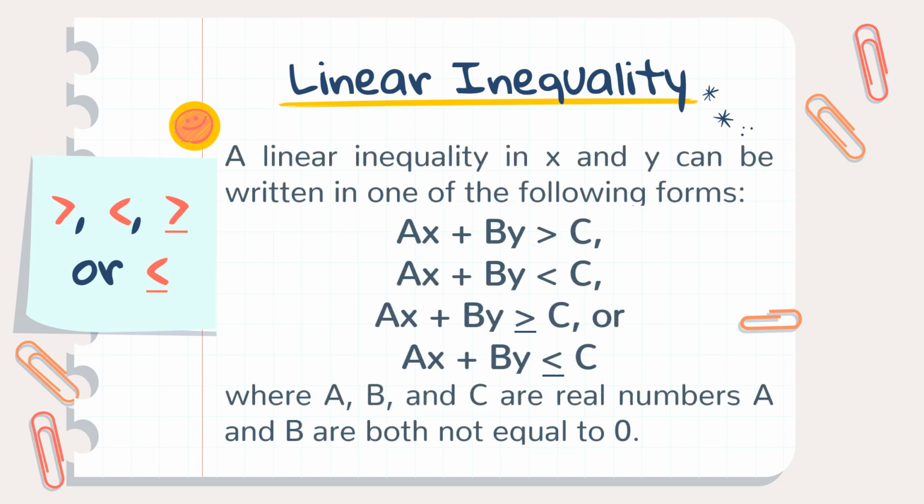A linear inequality in x and y can be written in one of the following forms: ax plus by is greater than c, ax plus by is less than c, ax plus by is greater than or equal to c, or ax plus by is less than or equal to c, where a, b, and c are real numbers and a and b are both not equal to 0. Again, it is important to note that a and b must not be equal to 0.